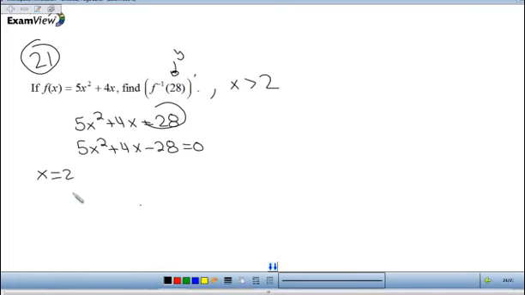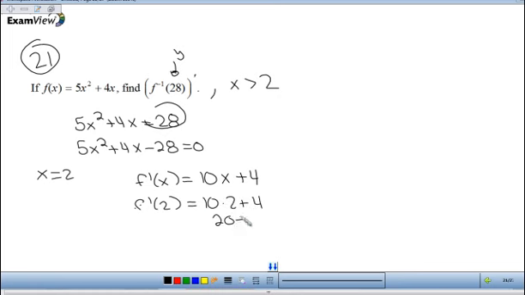Right, so x is greater than 2. So what we're going to do is take the derivative at my x value, so the derivative of the inverse is equal to the reciprocal.